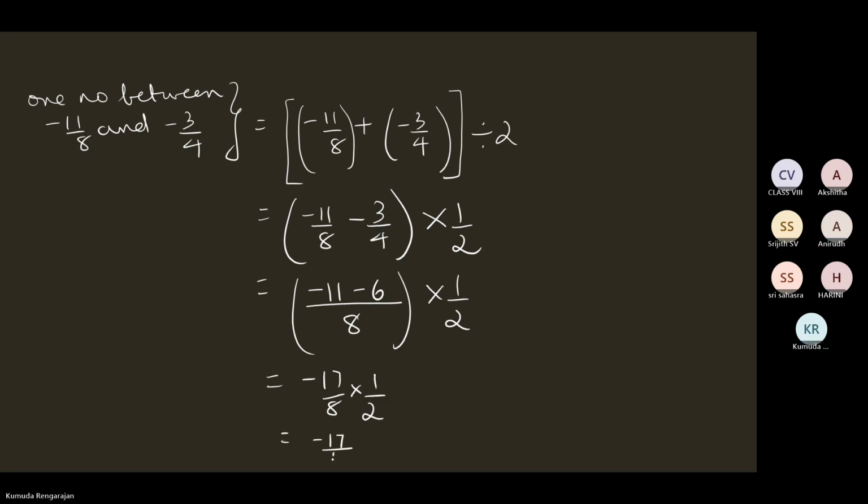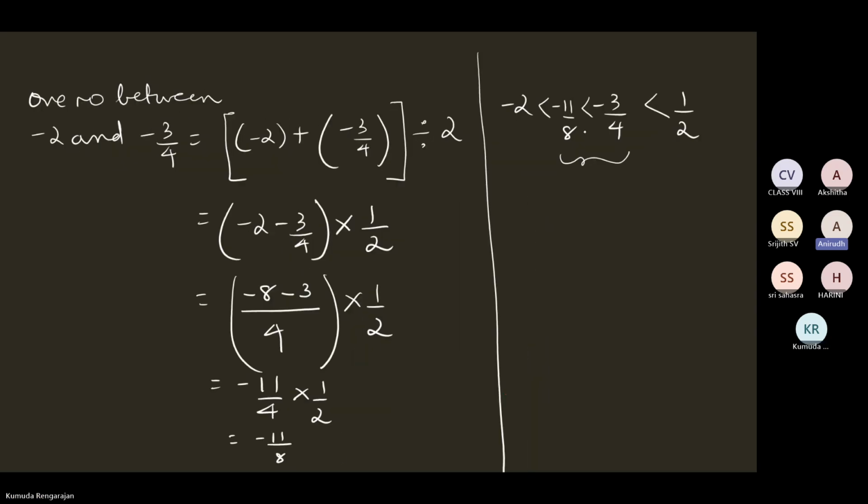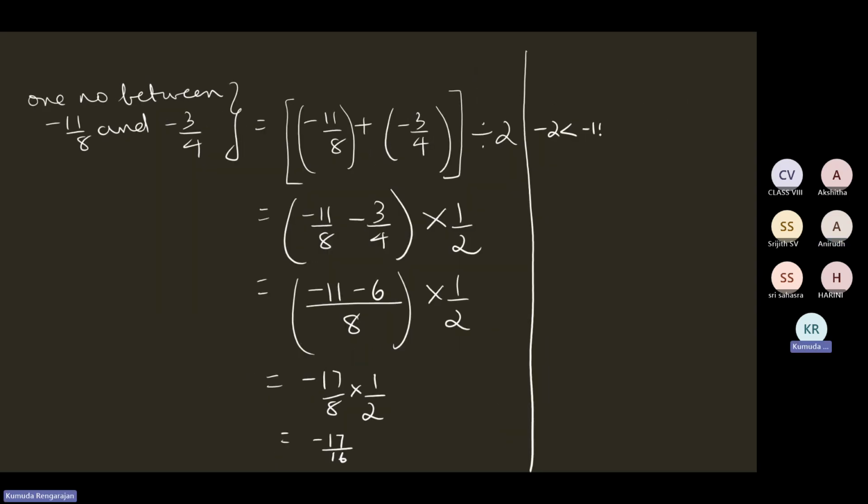Very good. So the required three numbers: minus 2, minus 11 by 8, minus 17 by 16, minus 3 by 4, and 1 by 2.